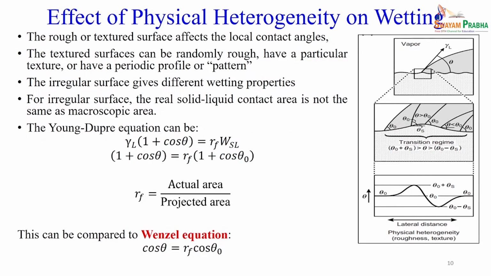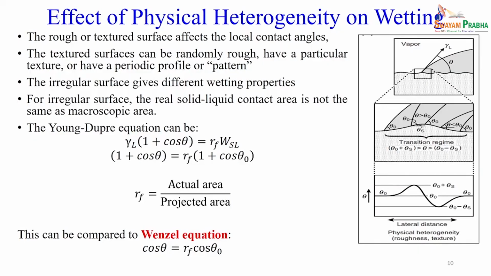Now, let us consider physical heterogeneity. Physical heterogeneity simply means you have either a rough surface or a textured surface. A textured surface can be randomly rough, or it can have a particular texture, or a periodic profile or a particular pattern.